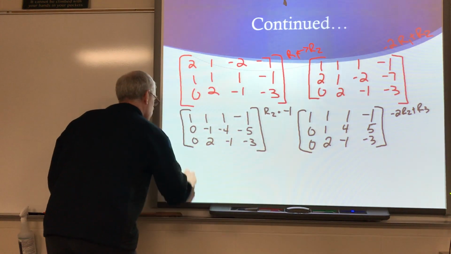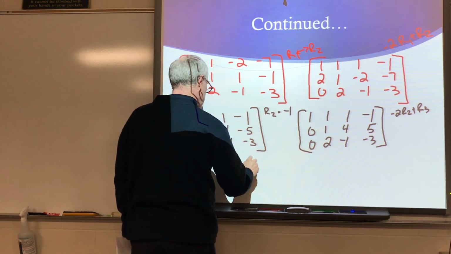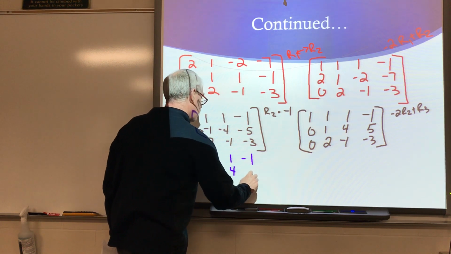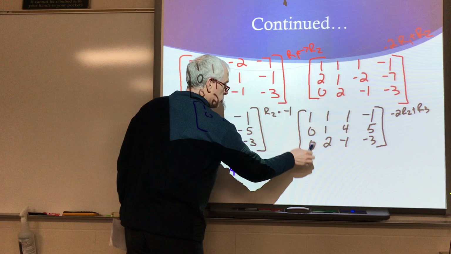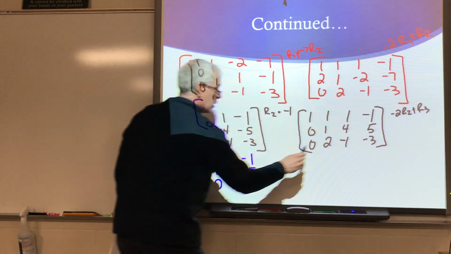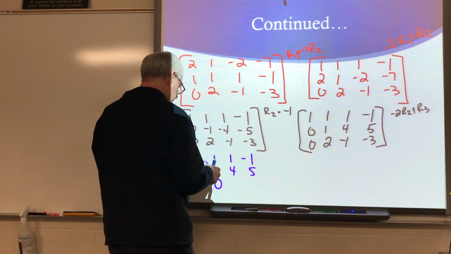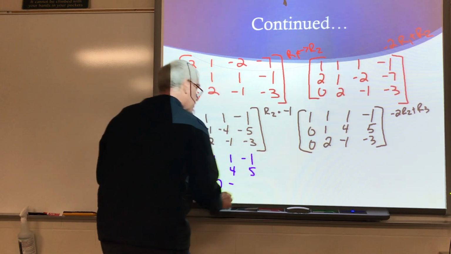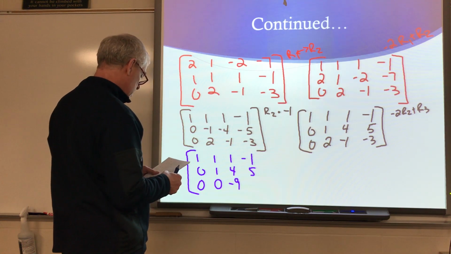Okay, so row 1, not going to touch it. Row 2, 0, 1, 4, 5. And then that last one, so 0 plus 0, -2 plus 2 is also 0, -8 plus -1 is -9, and then -10 plus -3.